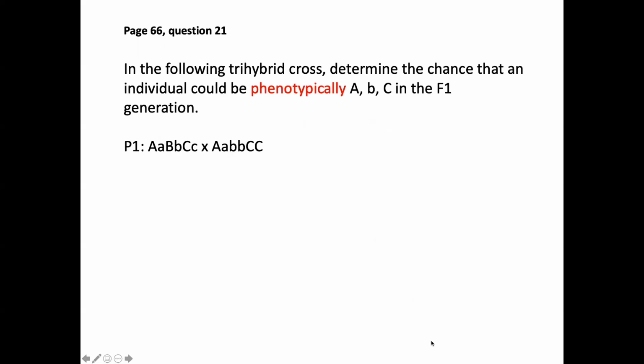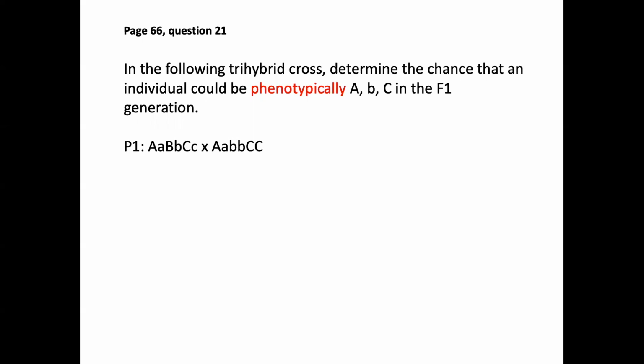All right, similarly, let's take a look at question number 21 on page 66. This is slightly different from question 20, all right? This question is asking about phenotype, phenotypically. So you can calculate the probability of each phenotype separately, right? You can stop here to calculate.